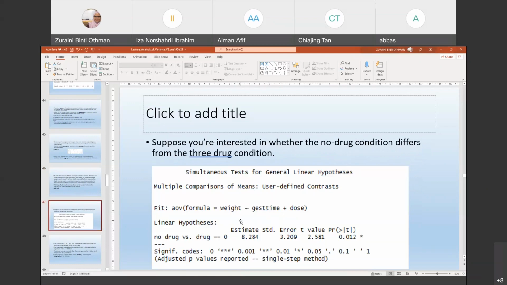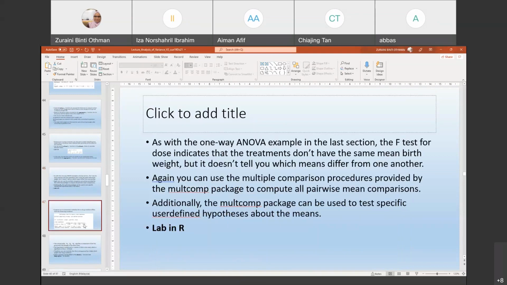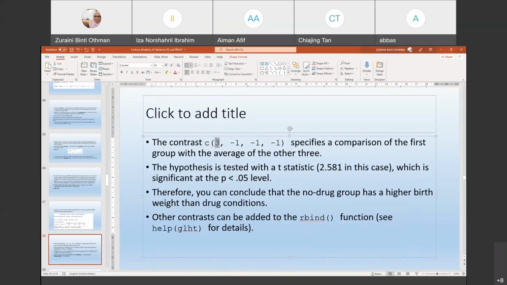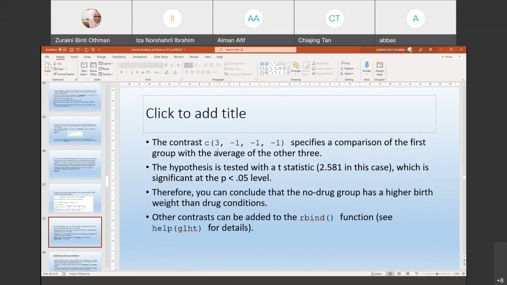This is what we learned just now. We want to know the comparison of no drug to the 3 drug conditions. We use this formula, and here we state 3 for the no drug, and we state the contrast value for the other drug conditions as -1. So we want to know the impact of no drug versus the others.